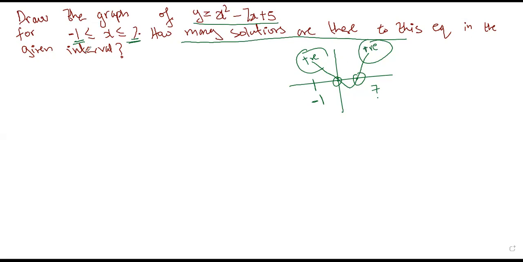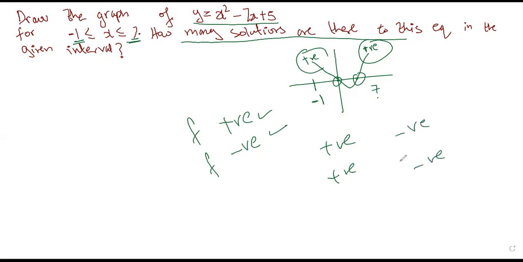This method of finding positive f and negative f works whenever you get positive and negative. If you get it directly, yes, it 100% implies that there would be a root. But if you get positive and positive or negative and negative, it does not imply that you would not have a root.